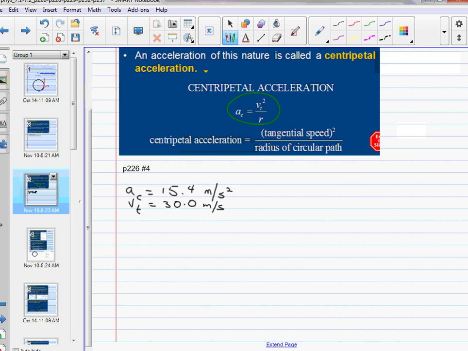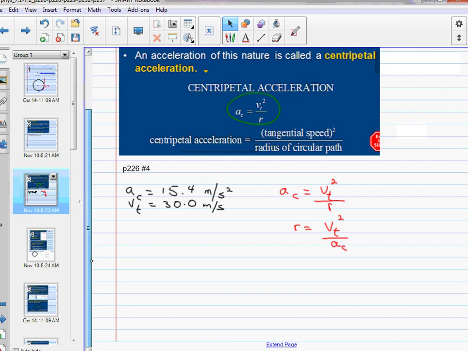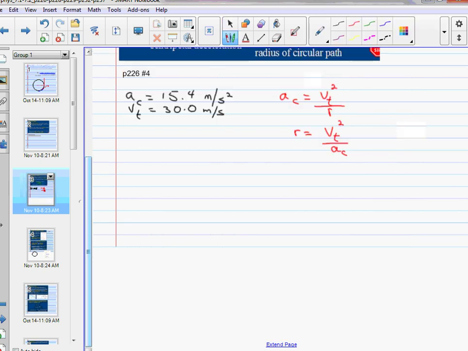Well, as soon as you know this formula, it's a real simple problem. All we have to do is solve for that r. So if I multiply by r, I then have to divide by the a. So r would equal tangential speed squared divided by our centripetal acceleration. And we've got our working formula. Nice and straightforward. So what was it? 30, which we'll have to square.